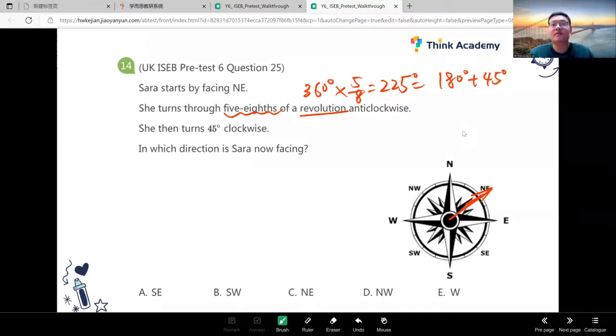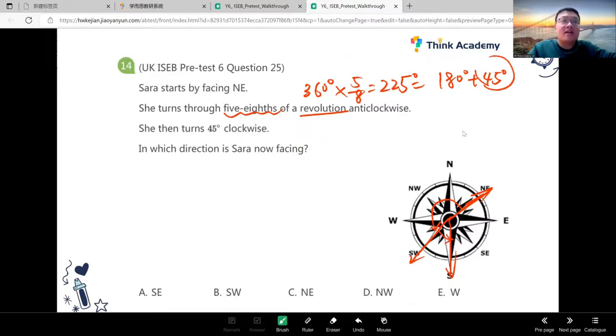It was 45. So what does that mean? That means we turned a straight angle, the half turn, so we are going to face southwest, and we have 45 more to turn. We're going to turn 45 more, go to this place.